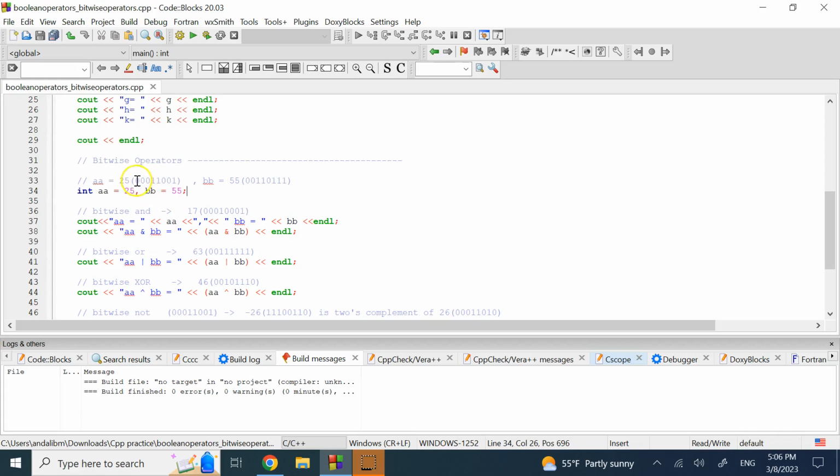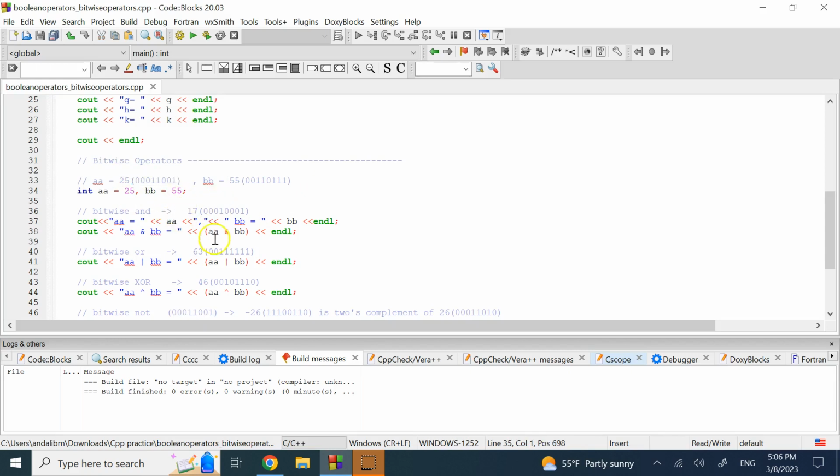I assume you know how to go from decimal to binary, by successive divisions by 2, and how to go back from binary to decimal by using powers of 2. The first one is multiplied by 2 to the 0, the second one by 2 to the 1, 2 to the 2, all the way, and then add them together. So here my numbers are in binary 25 and 55, which are shown like this.